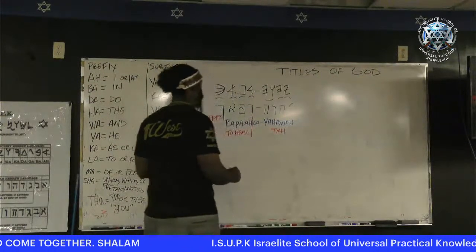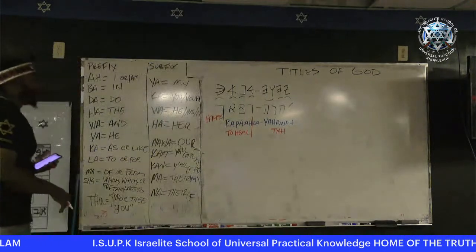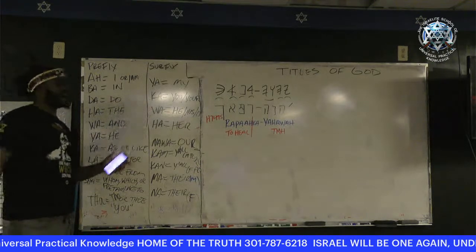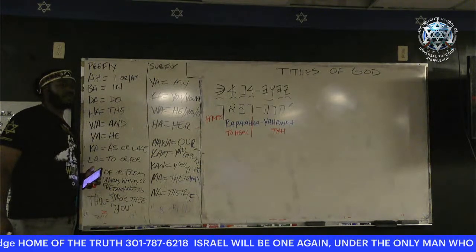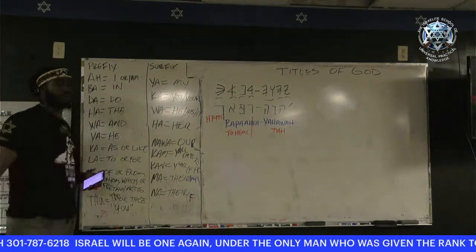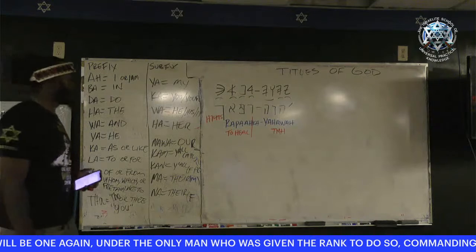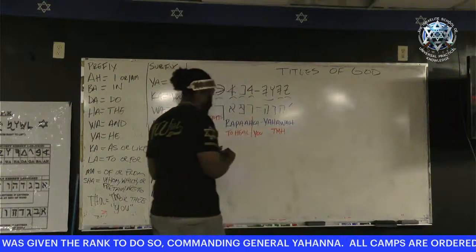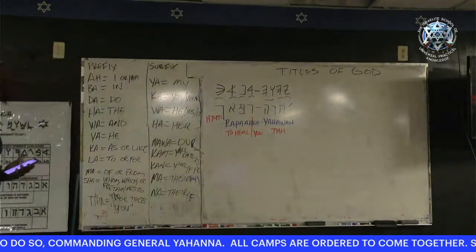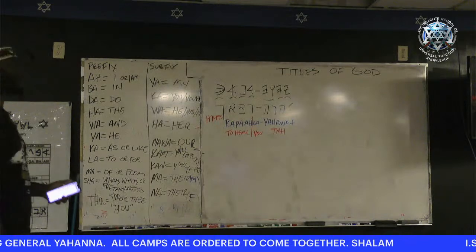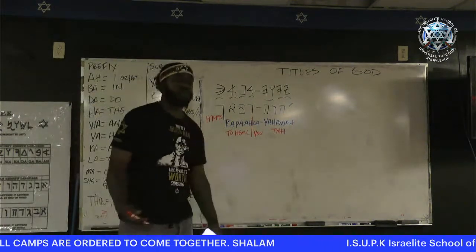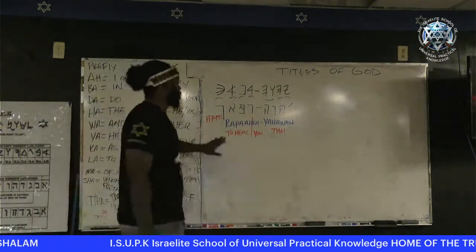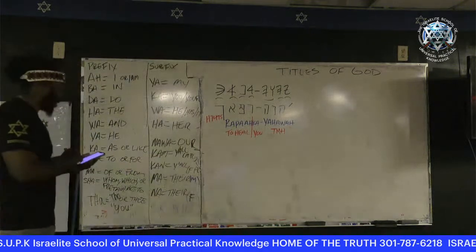That's literally what it means. But we have a suffix. We look on our board for suffix. What does ka mean as a suffix? Look under the suffix cheat sheet. What does it say ka means? You. It means you or your. In this case, it means you. So Yahweh Rapha'ka literally means the Most High heals you. The Most High heals. Okay. So this is another title for the Most High God.